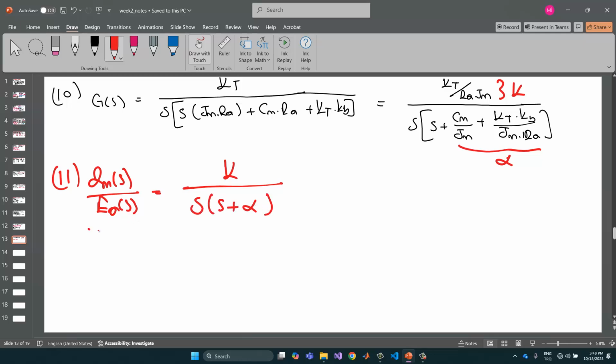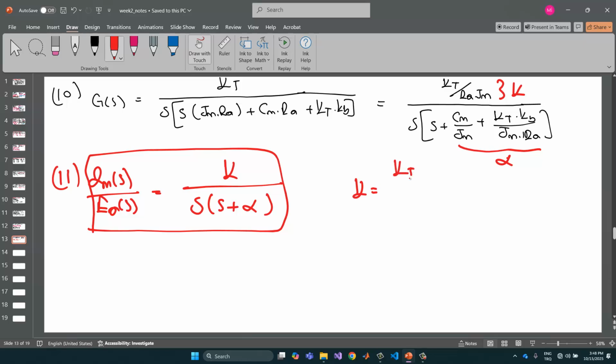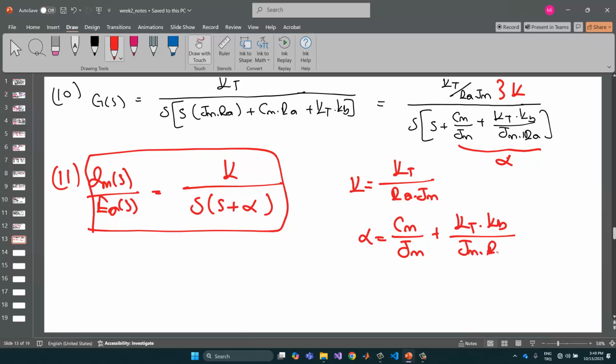Okay, and so the big K is equal to Kt divided by Ra Jm. This is the reduced form of the motor formulation, and alpha is equal to (Cm Ra plus Kt Kb) divided by Jm Ra.